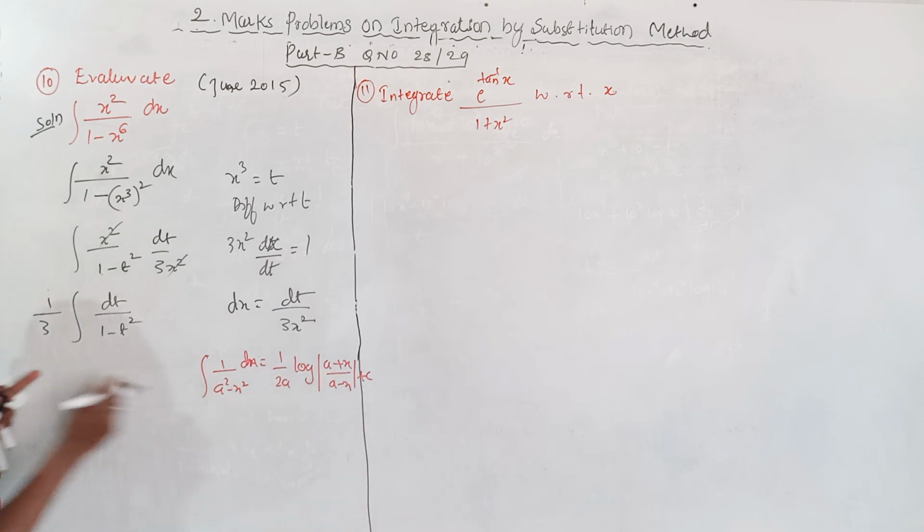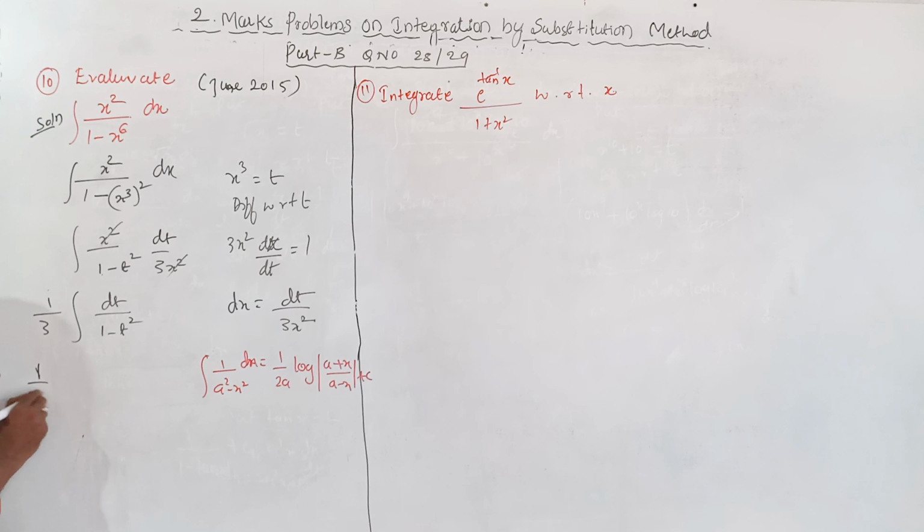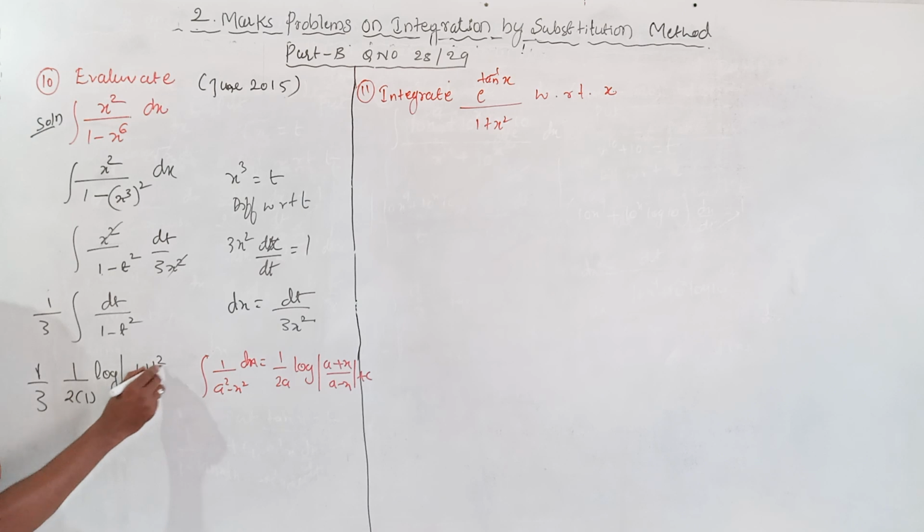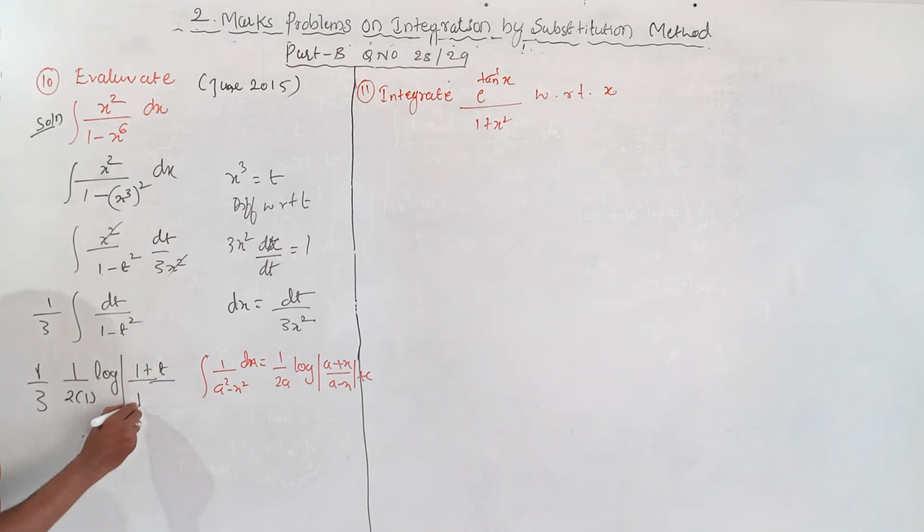According to this formula, 1 by 3 as it is, times the integration of dt by 1 minus t square: 1 by 2a, where 2 into a is 2, log of 1 plus t divided by 1 minus t plus c.